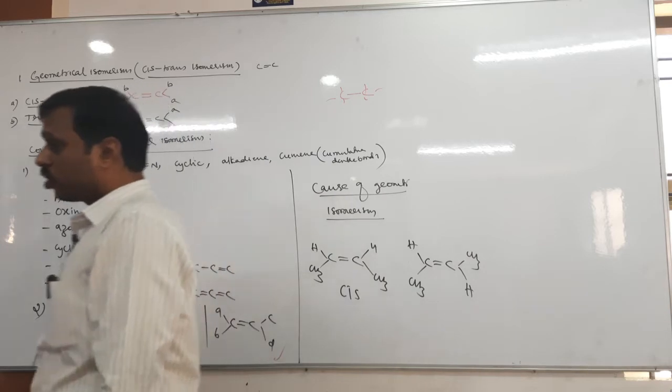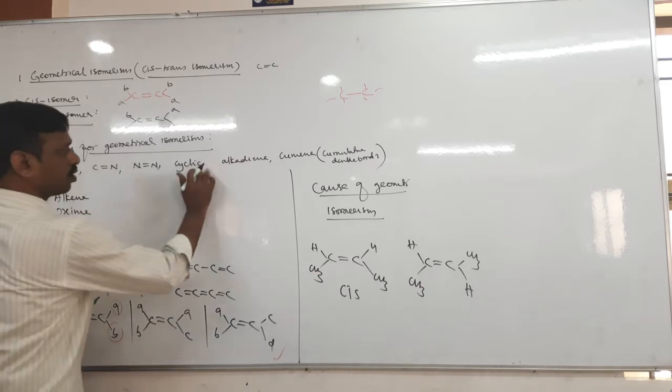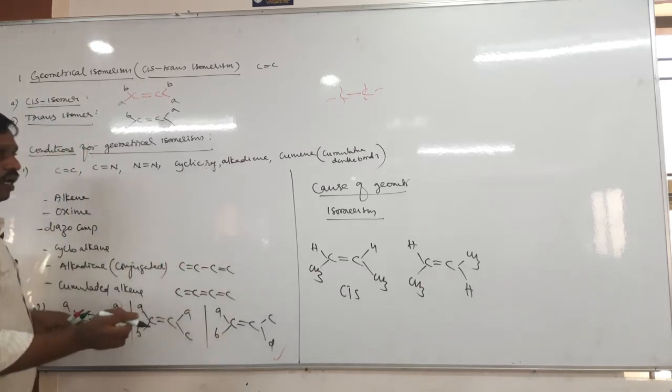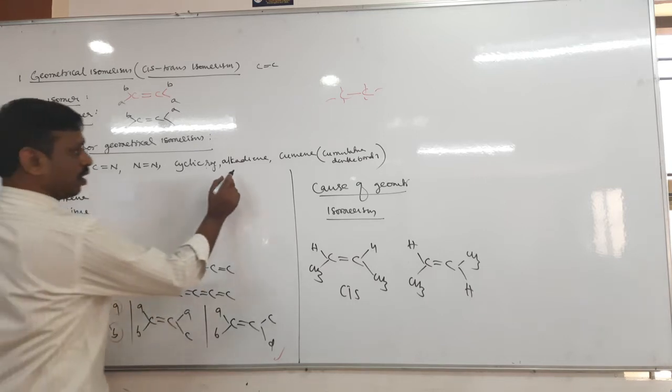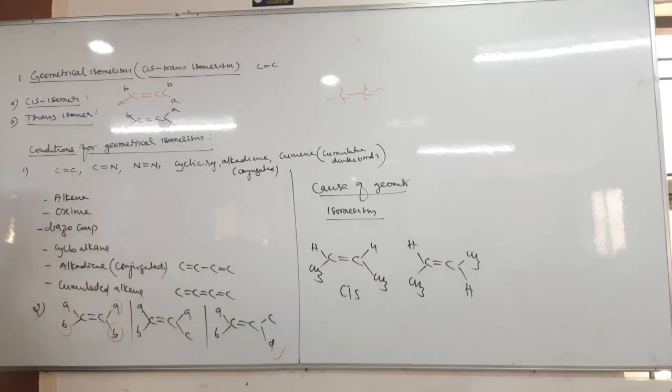One: molecules having C double bond C, C double bond N, N double bond N, cyclic ring, alkadienes (conjugated) or cumulative double bonds can exhibit geometrical isomerism.